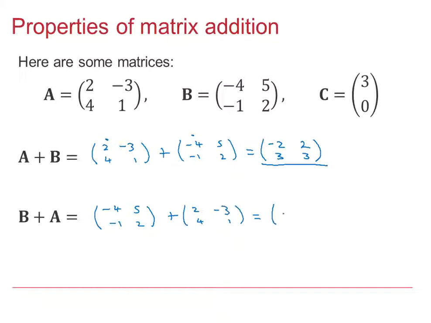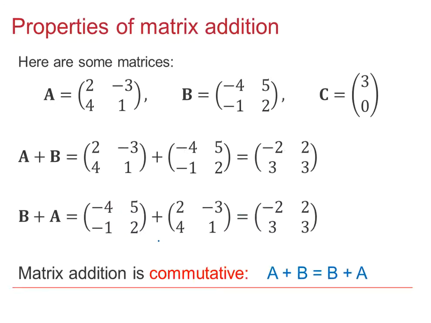So minus 4 plus 2, 5 add minus 3, minus 1 add 4, and 2 add 1. So we can see here that A plus B gives us the same answer as B plus A. In fact, matrix addition is commutative, and A plus B will always be the same as B plus A for conformable matrices.